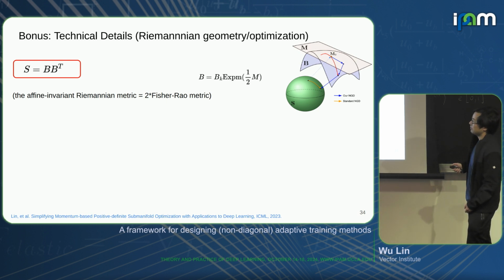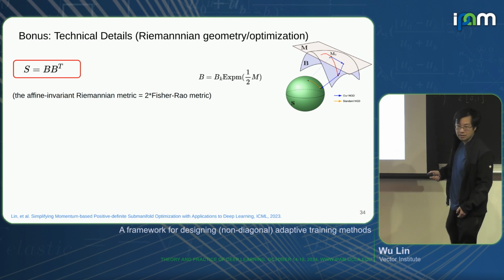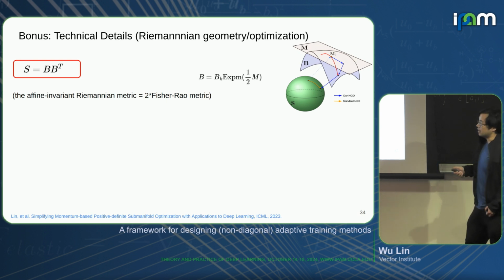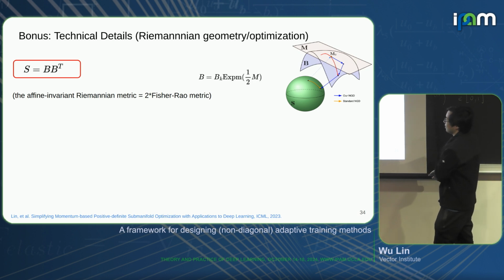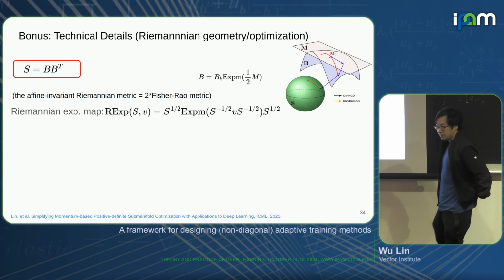This is because in Riemannian optimization, we consider the metric to be the affine invariant Riemannian metric, which is basically equivalent to 2 times the Fisher-Rao metric. So at least in the dense case, we have a closed form for the Riemannian exponential map.